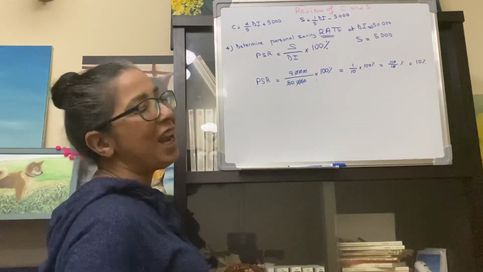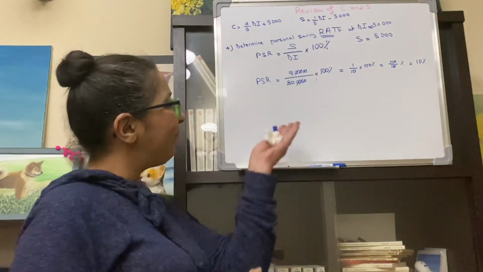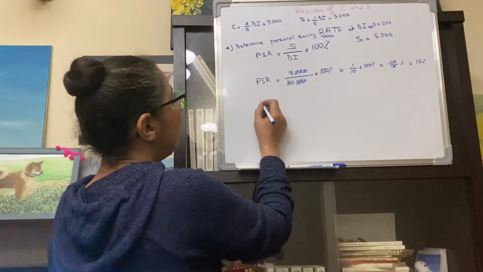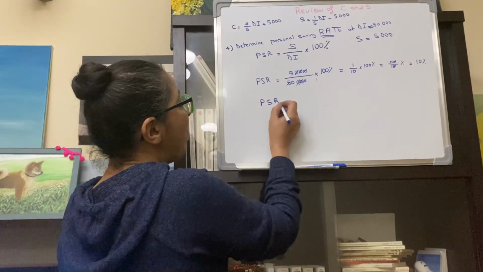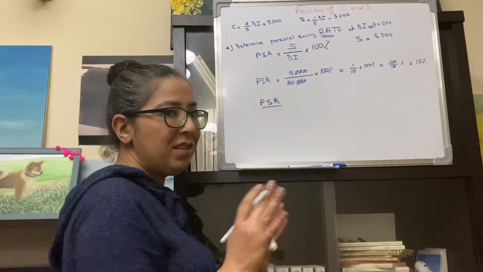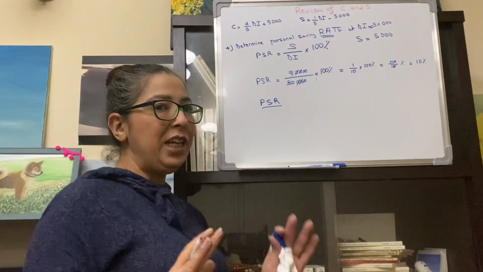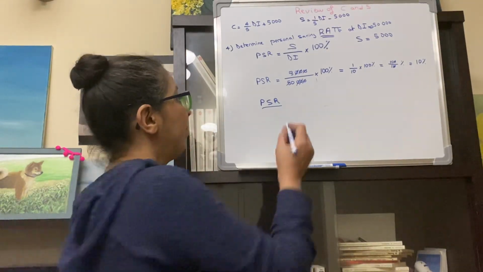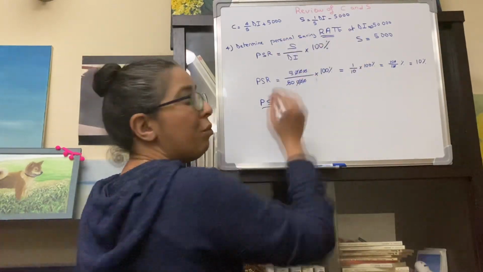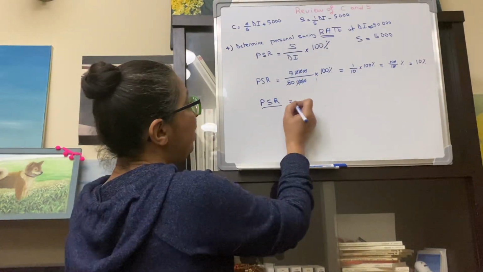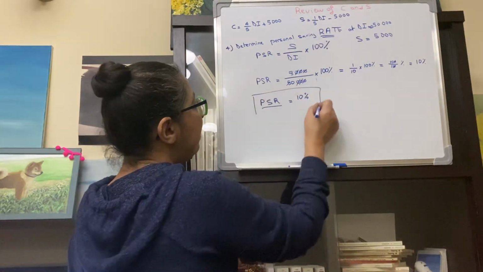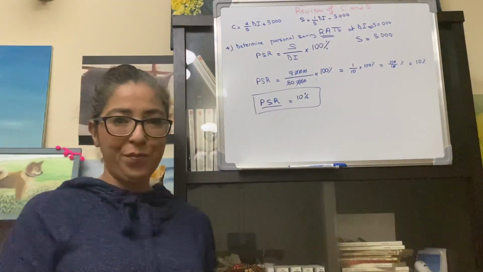Okay, you can use your calculator, I don't care, but here it is. So my personal saving rate, remember, I'm the only one using this. It's only used in my class, agreed? So you have normally to write the whole thing, is equal to 10%, and that is your answer, okay?